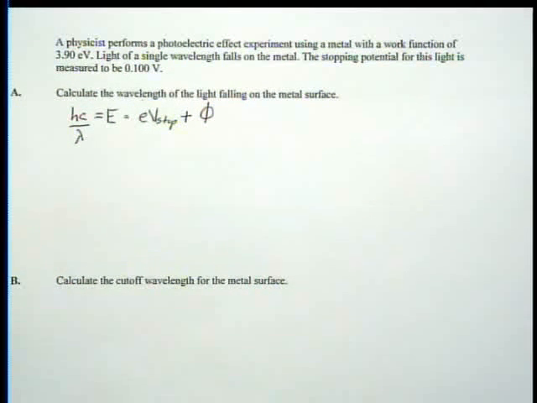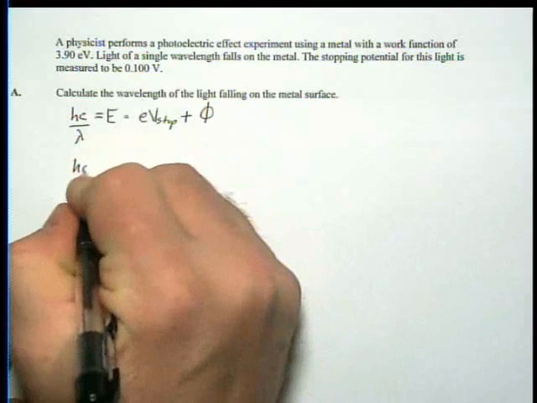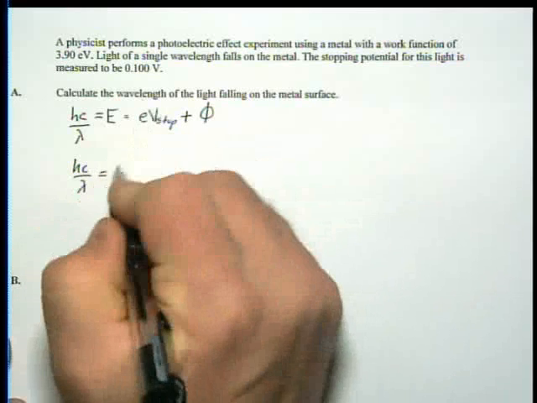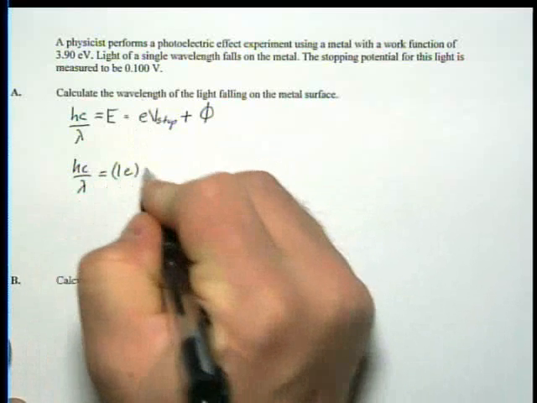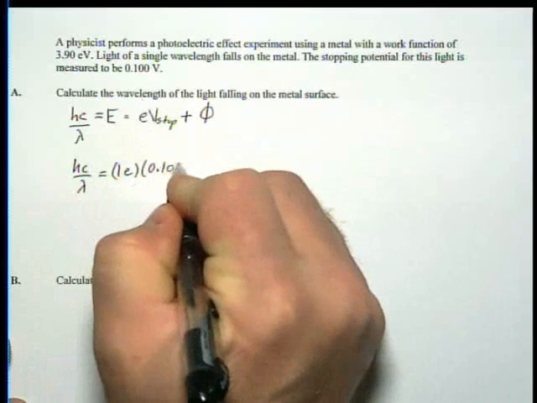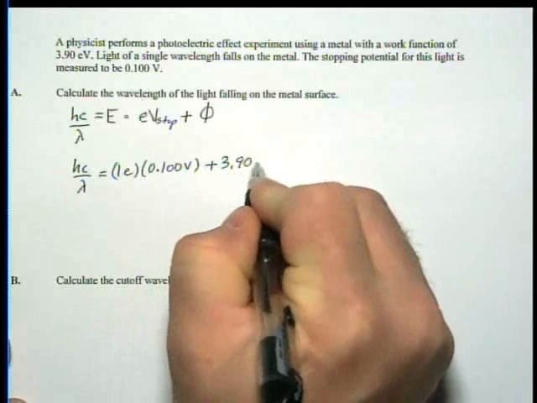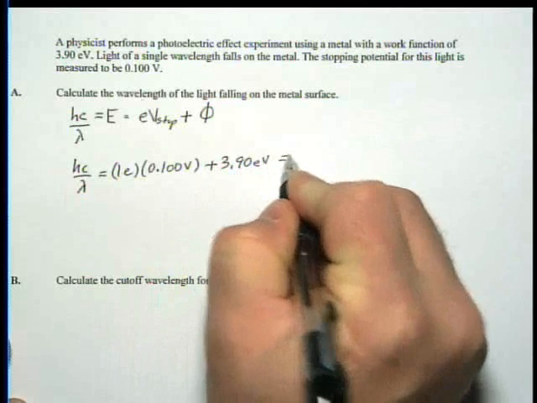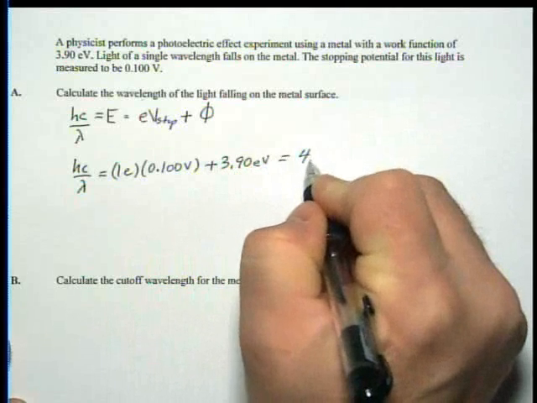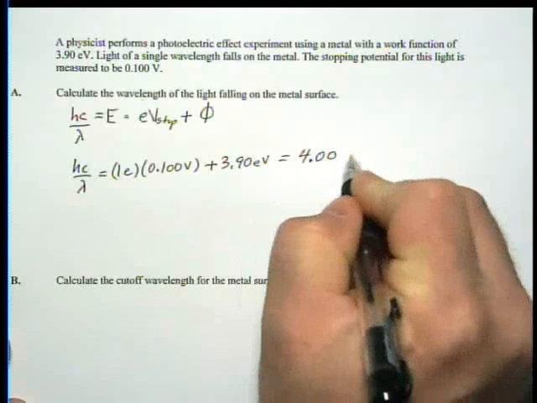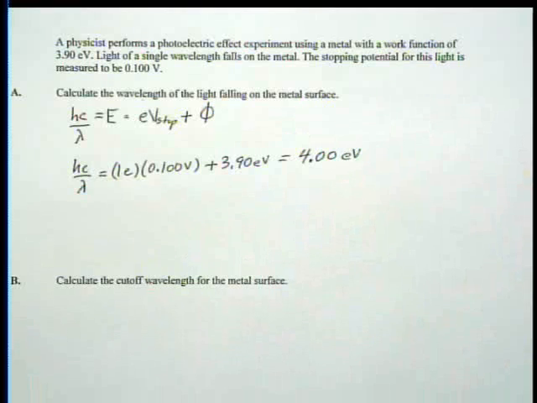So the first thing I would do is calculate the energy of the light. hc over lambda is equal to 1 e times 0.100 volt plus 3.90 electron volts. It's an incredibly difficult calculation: 4 electron volts. So that's the energy of the light. The light has 4 electron volts of energy in its photons.